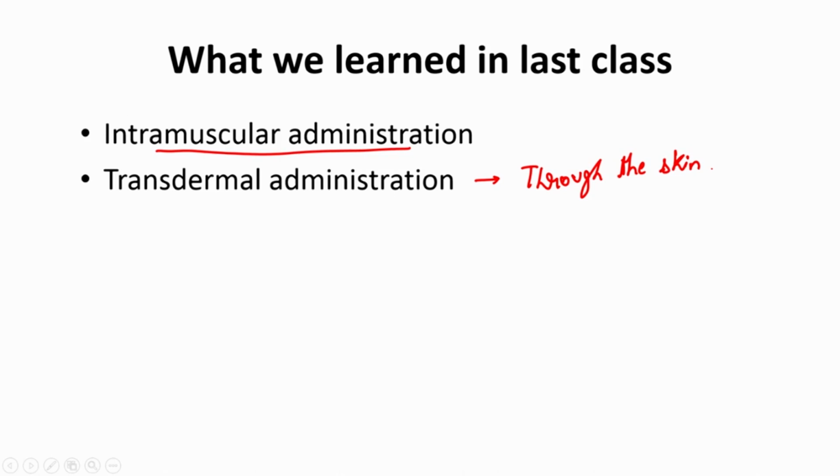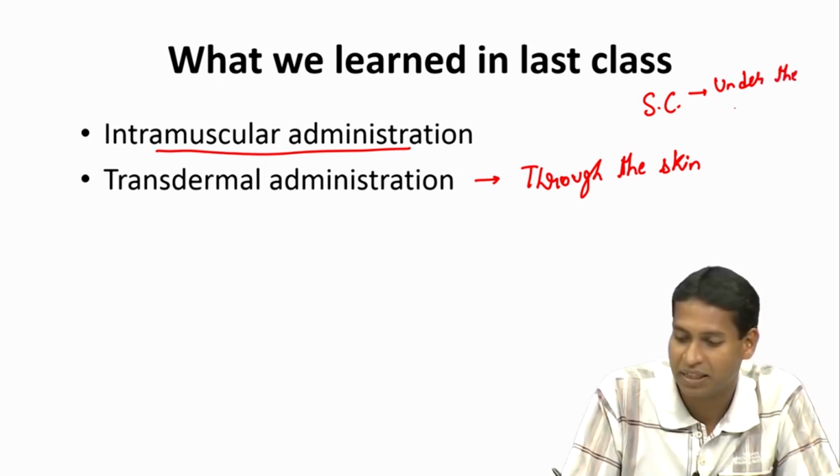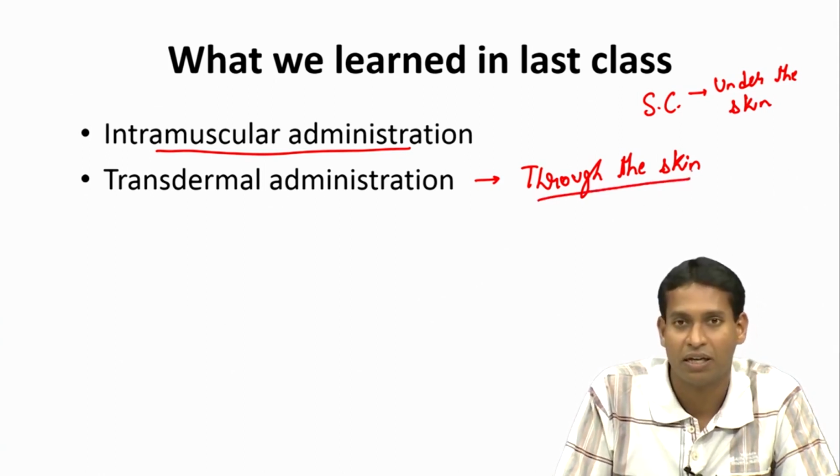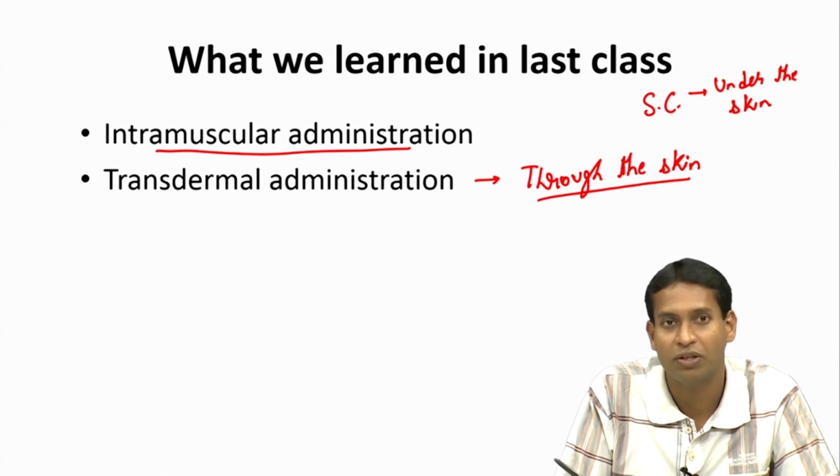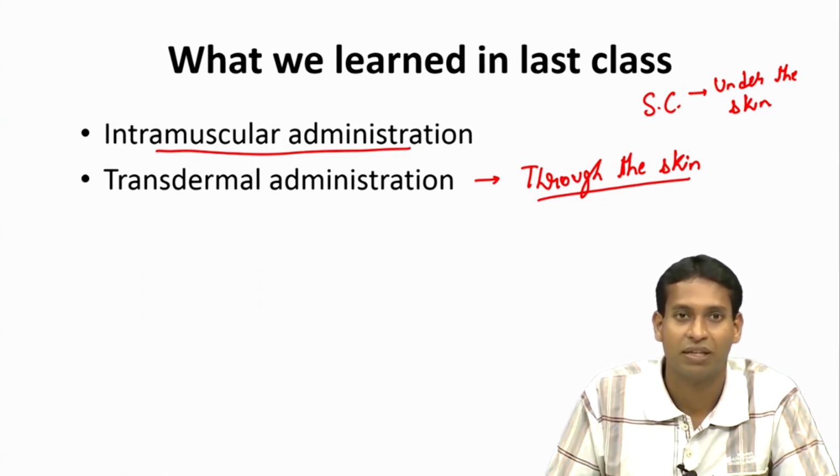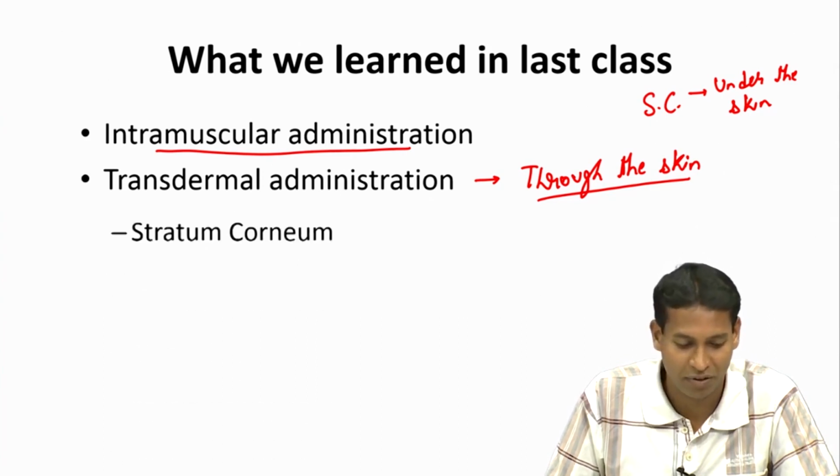In terms of the delivery, it is similar to what you had learned for subcutaneous, the SC injections, but in SC injections you were delivering it under the skin. So, the needle was penetrating right through the skin, whereas in transdermal delivery you are still penetrating the skin, but not all the way through. So, you are injecting somewhere in the thickness of the skin. That is one of the routes that we were discussing last time.